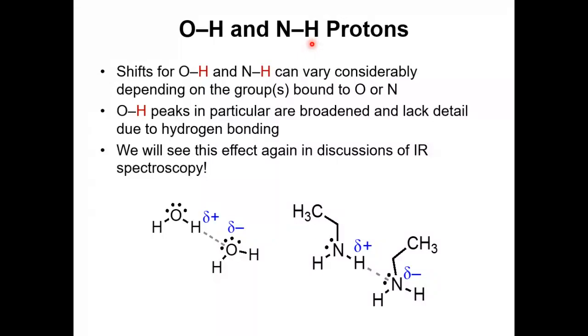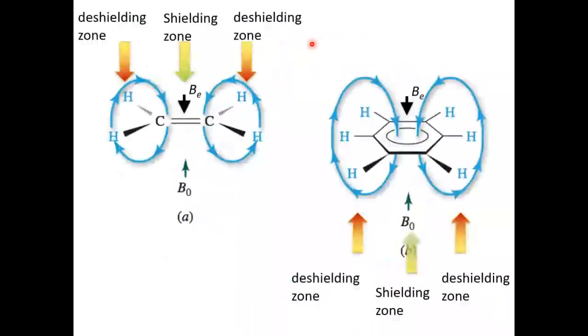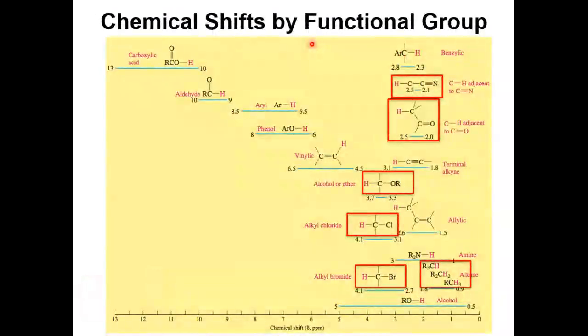But OH and NH protons are quite different. The chemical shift values of OH and NH protons can vary quite a bit. Look at the OH protons, they can vary a lot, from 5 ppm to 0.5 ppm.